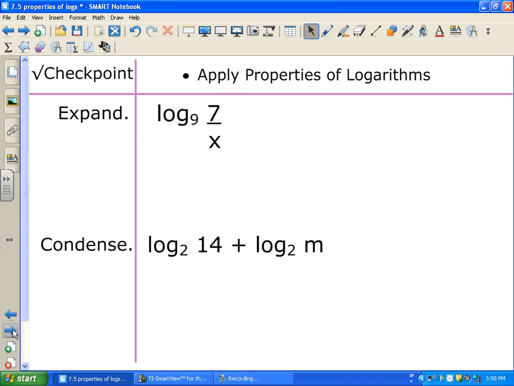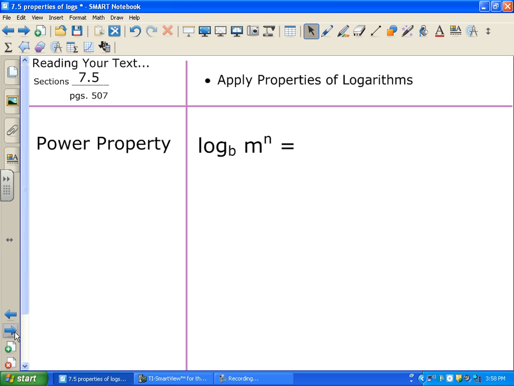Okay, should be moving on here. Power properties. Log base b of m raised to the n. So we've hit multiplication, we've hit division.